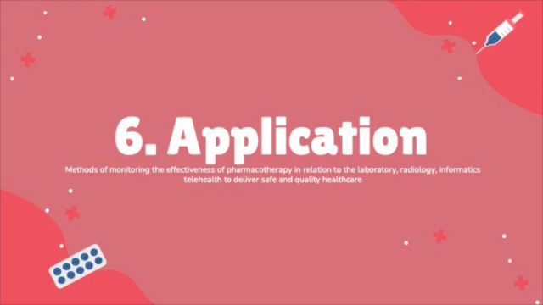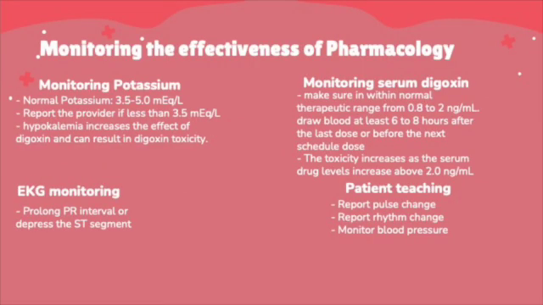Hello, I'm Tao. Now I'm going to take over number 6, which is the application of monitoring the effectiveness of pharmacotherapy in relation to laboratory, radiology, and informatics to deliver safe and quality health care. To monitor it, we should monitor the potassium level, the normal range being 3.5 to 5 milliequivalents per liter.